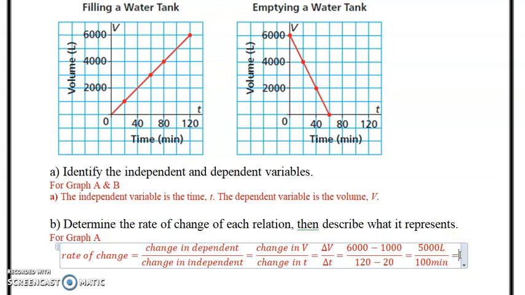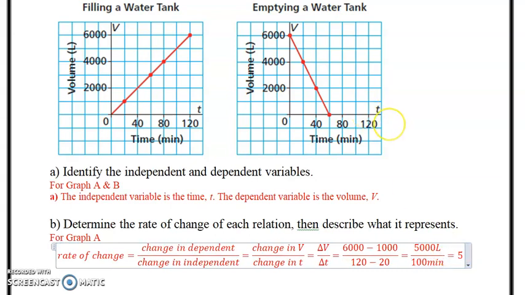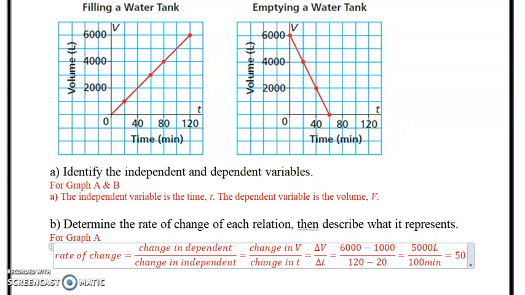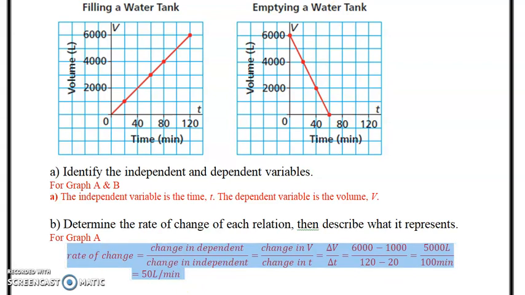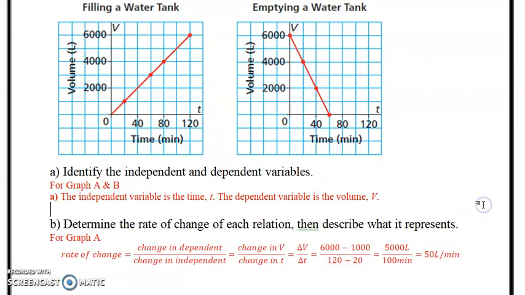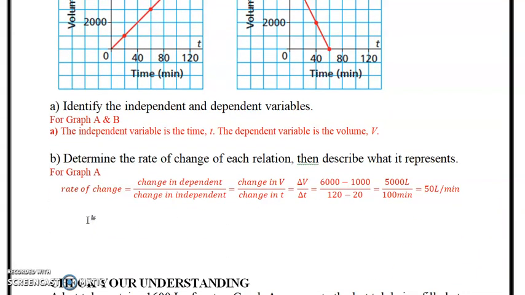Then we divide the 2, and that'll give you 50 liters per minute. So that means that the rate of change is 50 liters per minute.